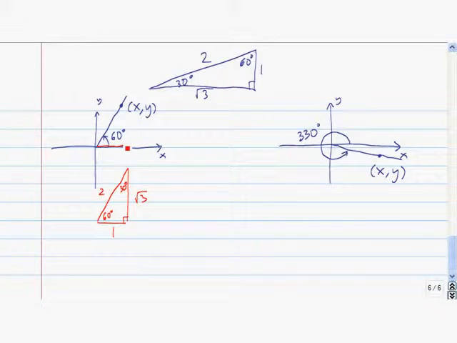So we go out 1 unit there, and then we go up a distance of y. And that distance is square root of 3. So this length here is square root of 3. Since we're on the positive side, x is equal to 1, and y is square root of 3.